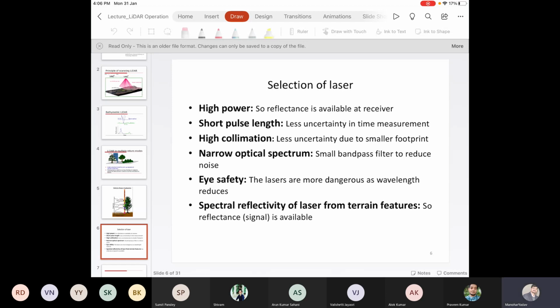So we try to keep the bandwidth tending to 0, generating the beam at one wavelength. Further, the wavelength is selected so that it satisfies the eye safety requirement. In the visible band, for general understanding, the laser generated is not eye safe.